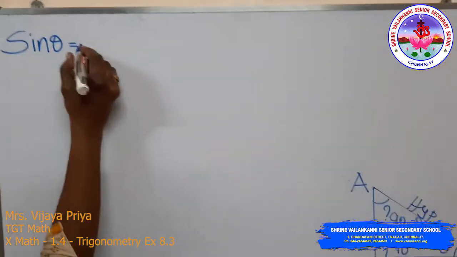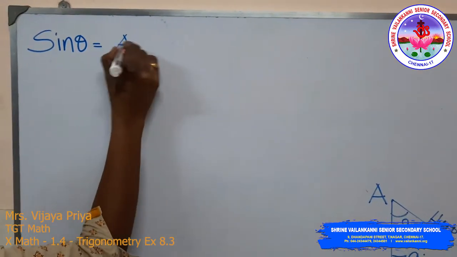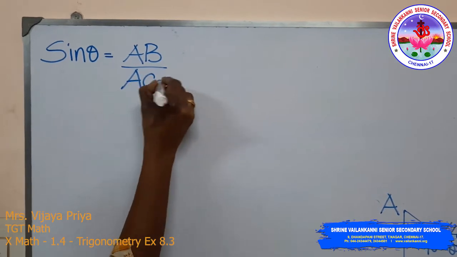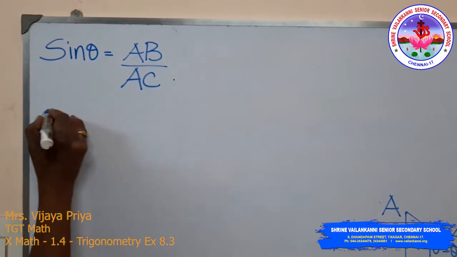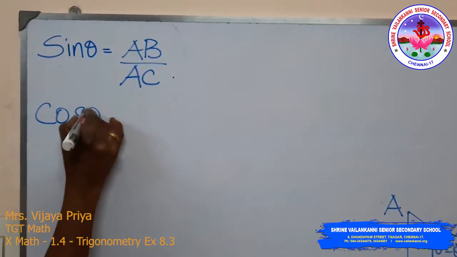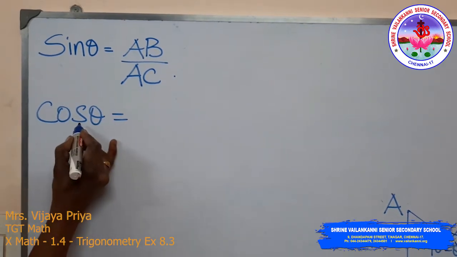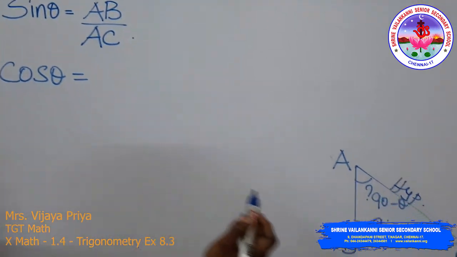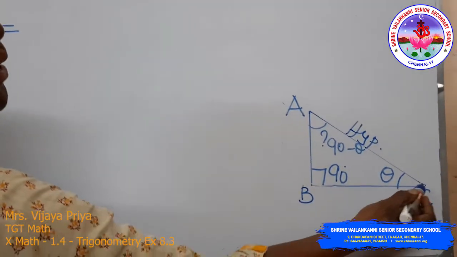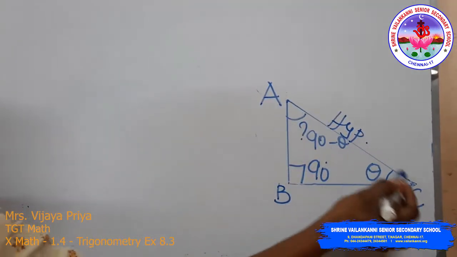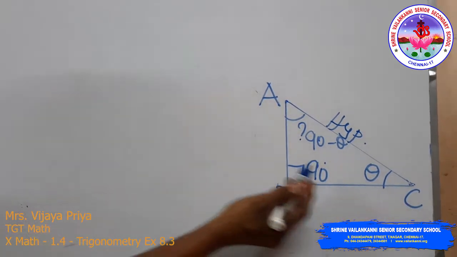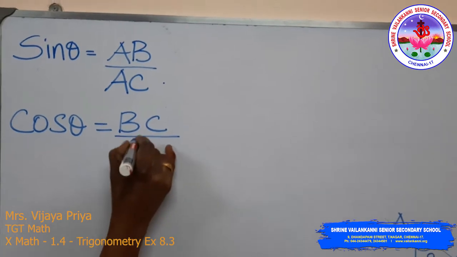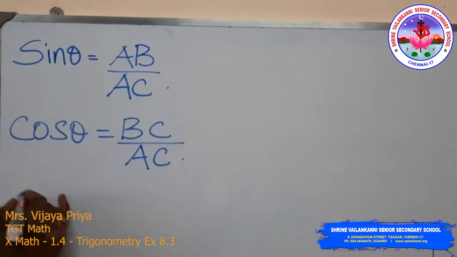So sin theta is equal to AB divided by AC. Now cos theta is equal to the adjacent side by the hypotenuse, where the adjacent side to theta is BC and the hypotenuse is AC. So cos theta is equal to BC by AC.